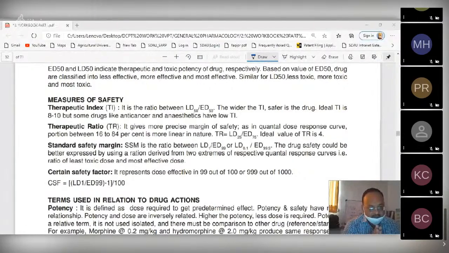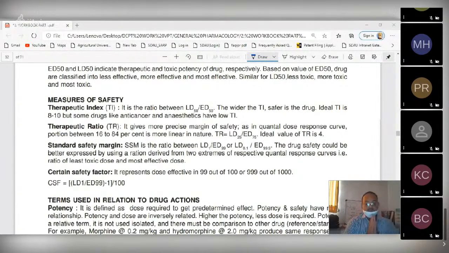Similarly, toxic substances can be classified as less toxic, more toxic, most toxic, highly toxic, moderately toxic. So you can categorize all the drugs and toxic chemicals into different groups: category 1, category 2, category 3, category 4. Similarly, drugs can be categorized into the group of most effective, least effective, moderately effective. So this is the importance of LD50 and ED50.